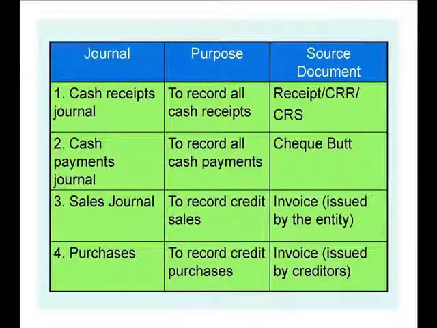The source document is the cash receipt and cash register roll or cash register slip, same thing. If your business entity is using a cash register, at the end of the day you get the cash receipts summary. That summary is called cash register roll because it is a roll, or cash register slip, or sometimes summary, same.